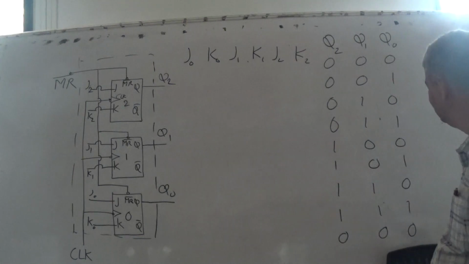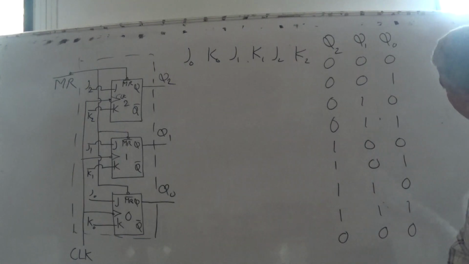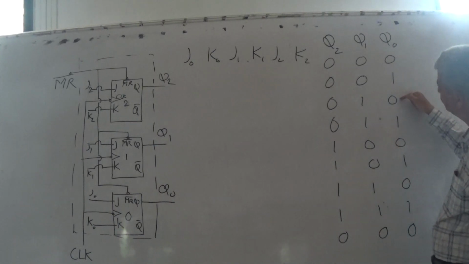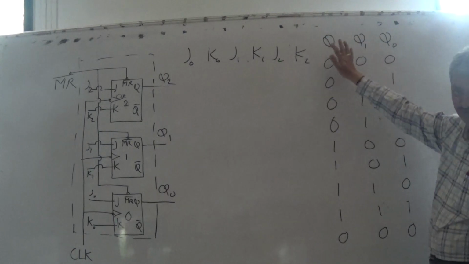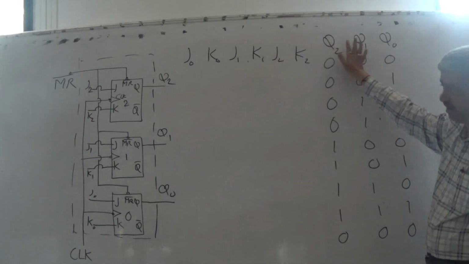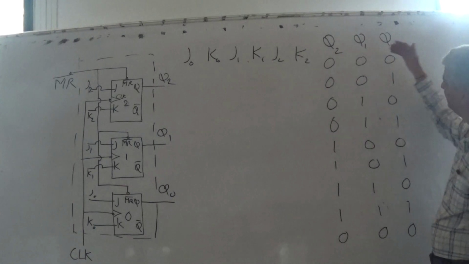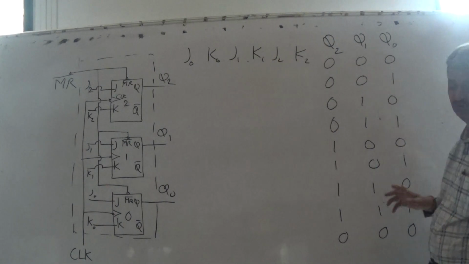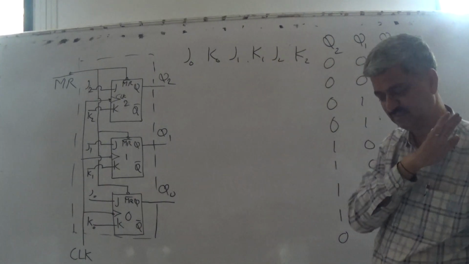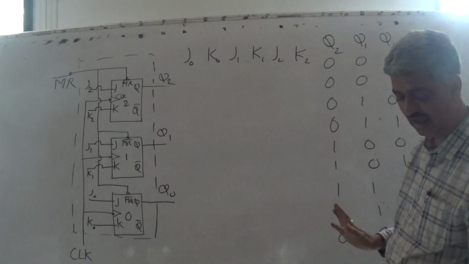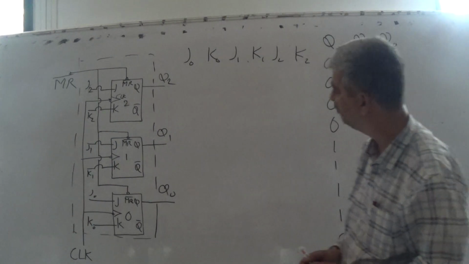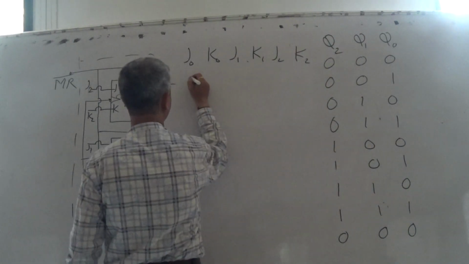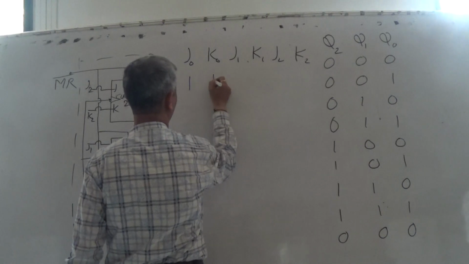Irrespective of other inputs, Q2, Q1, etc., Q0 always toggles. So I am not expected to consider anything else, and I should make J0 equal to 1 and K0 equal to 1, fixed.